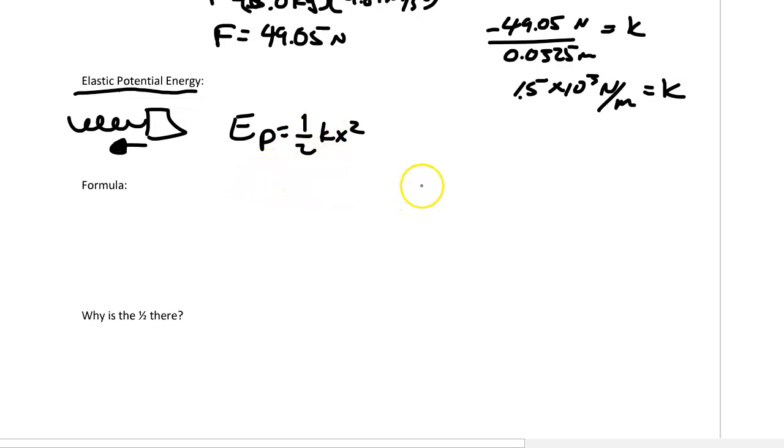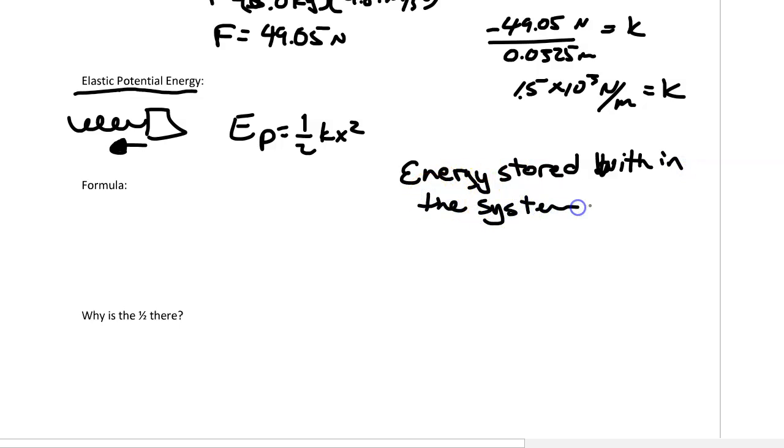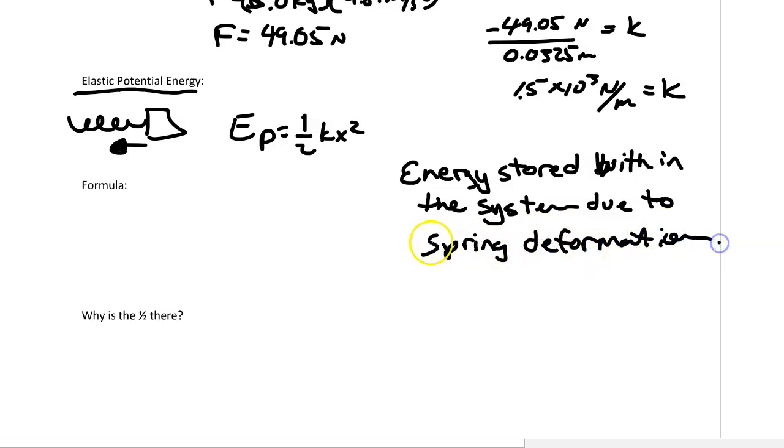Now, this is energy stored within the system due to spring deformation. Okay, and we've already got the formula there. Again, we don't worry about a negative because energy is a scalar quantity. There is no direction on it, so that doesn't matter.